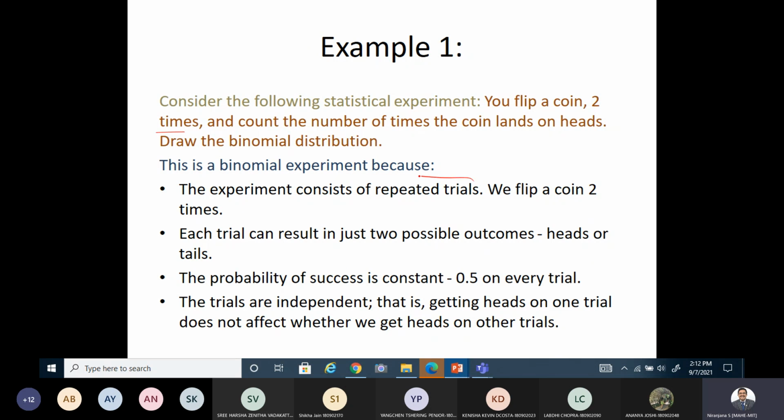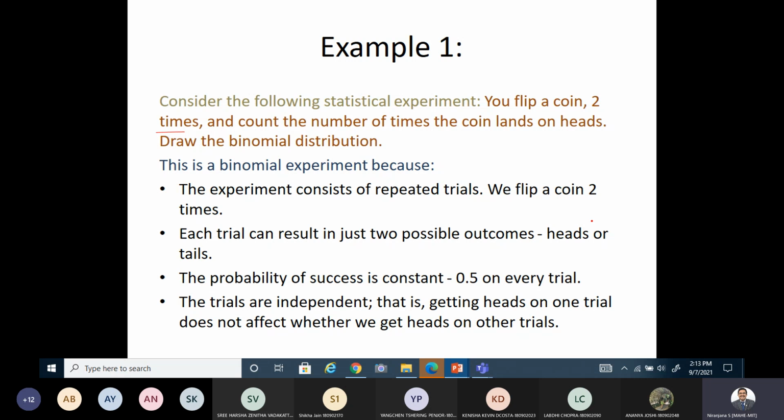Suppose the experiment consists of repeated trials where you are flipping 2 times, right? Each time you may get head or tail, but getting head is your focus. If you focus and estimate your probability, how the distribution could be described finally. Estimate the probability and describe the class. That is the plan here. The trial can possibly have outcomes which will have head or tail.